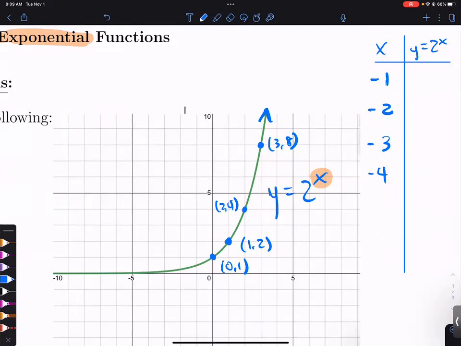So if x is -1, 2 raised to the x would be 2 to the -1 power, right? But what does a negative power do? Flips it, right? Negative exponents are reciprocals, so 2 to the -1 would be the same thing as 1 over 2.